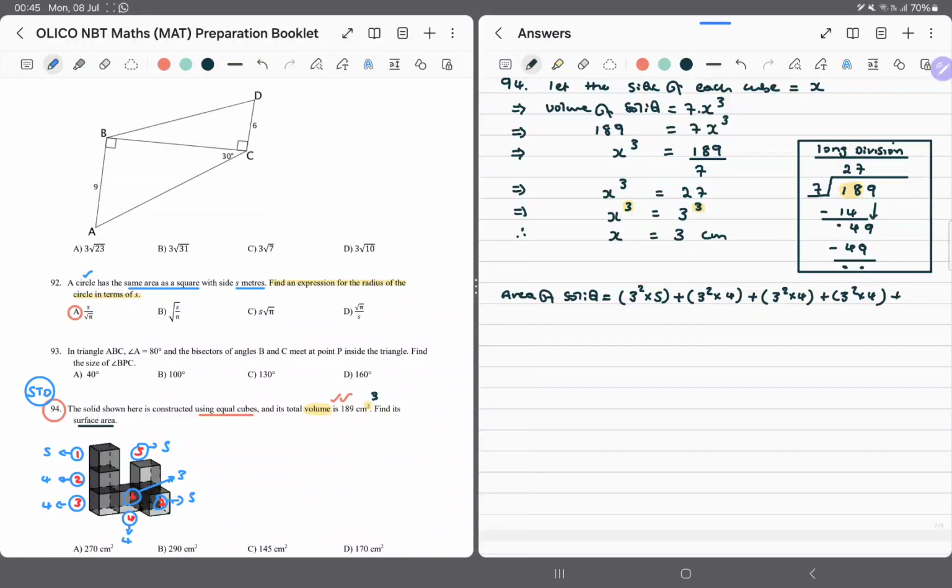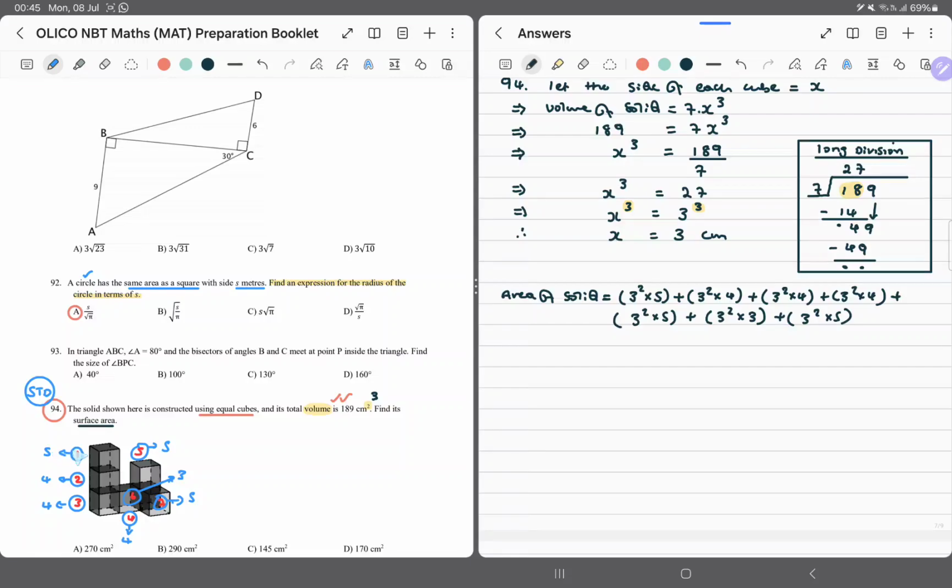Plus, now let's see, how many have we added? 1, 2, 3, 4. Okay. And then we get to the 5th one. This is basically 3 squared times 5, plus 3 squared times 3, plus 3 squared times 5.